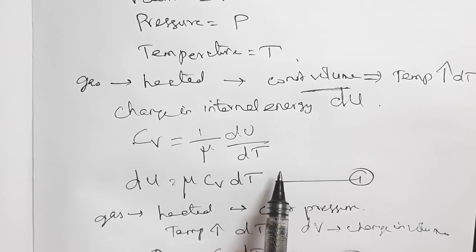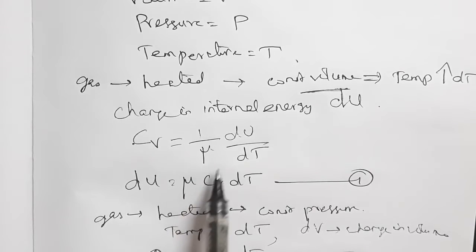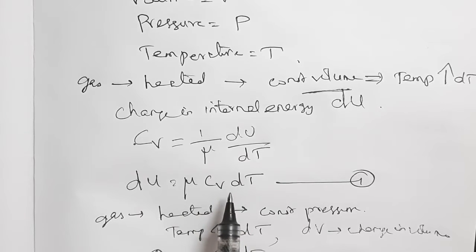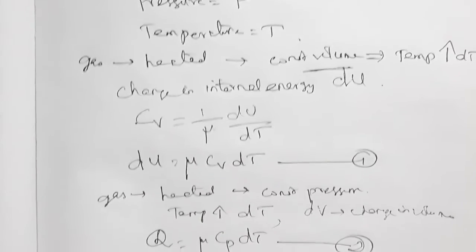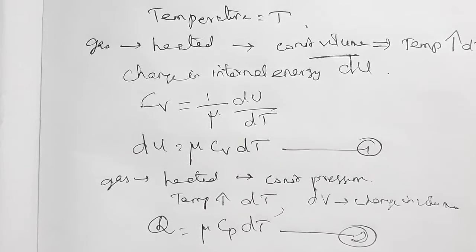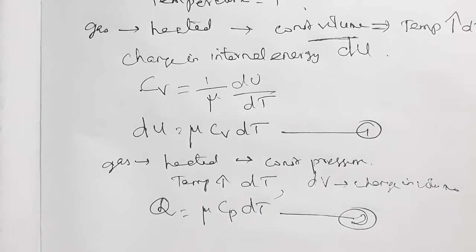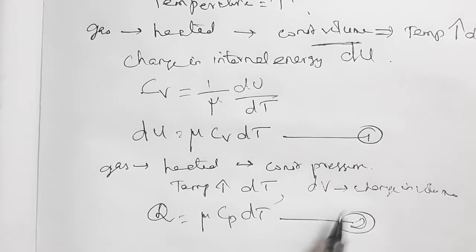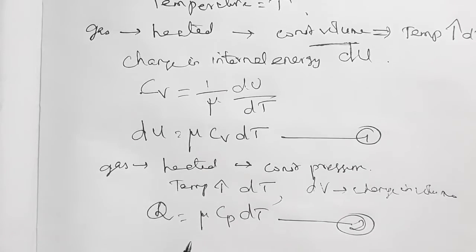So we can write the expression for molar specific heat capacity CV is equal to 1 by mu dU by dT, or else dU is equal to mu CV dT, where dU is the change in internal energy and dT is the temperature change. Similarly, when the gas is heated at constant pressure, the temperature again increases by dT. If Q is the amount of heat supplied in the process, then the volume also will change by dV. So we can write Q is equal to mu Cp dT.